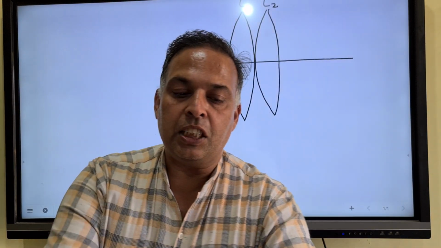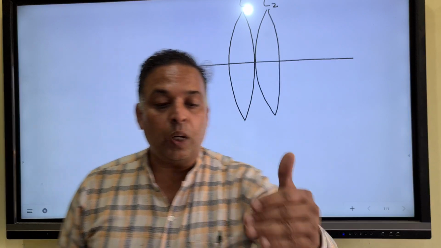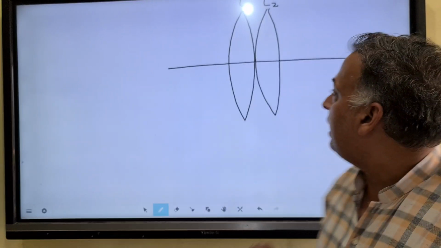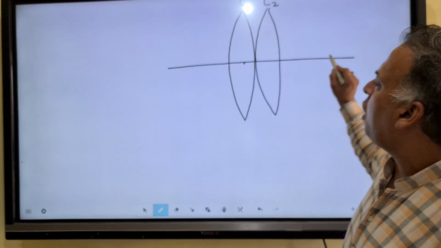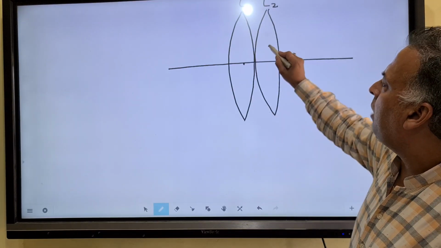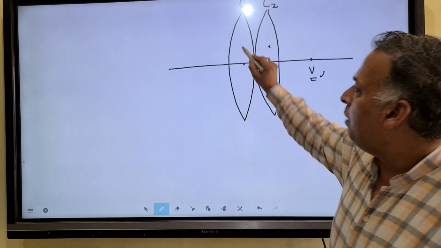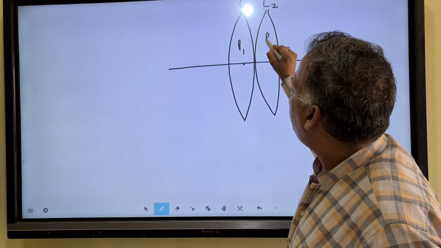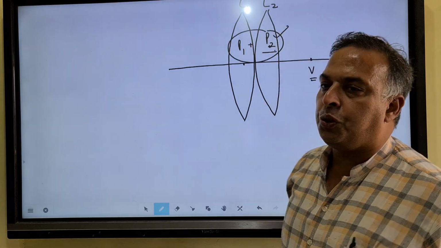The image I is obtained by both, because the first forms the virtual image V1. That V1 acts as an object for this one. It will form another image, that's V. So one power of this one and another power of this one, we do the combination of these two.